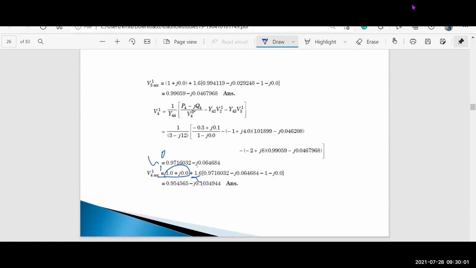This is your alpha. This is the V21 we have just gained. This is the V2 value we have gained, minus V2 0, and that gives the acceleration value.